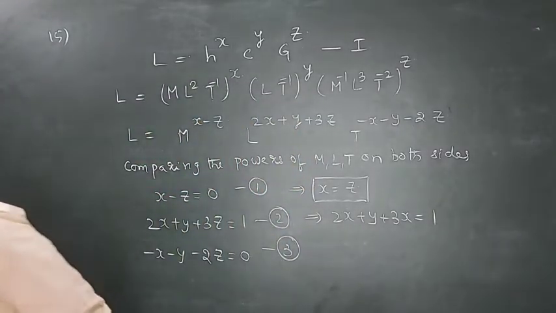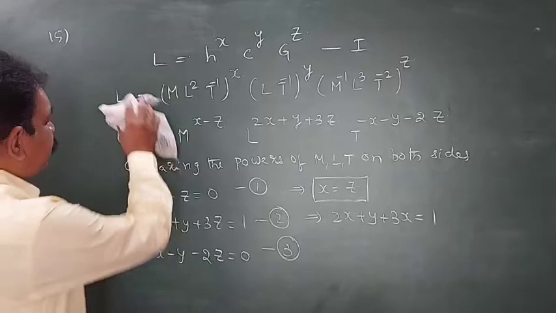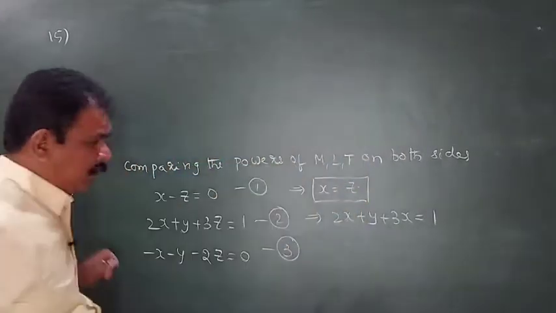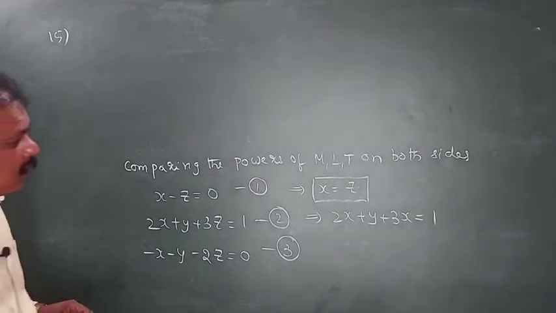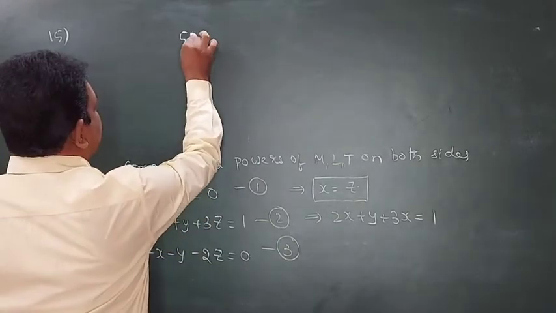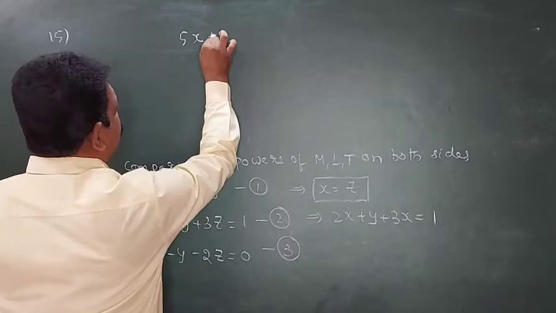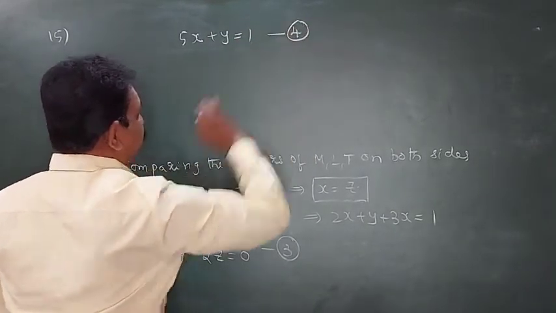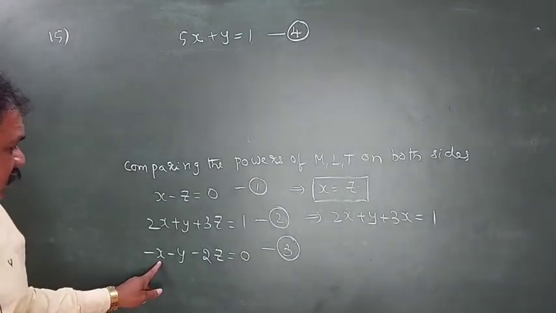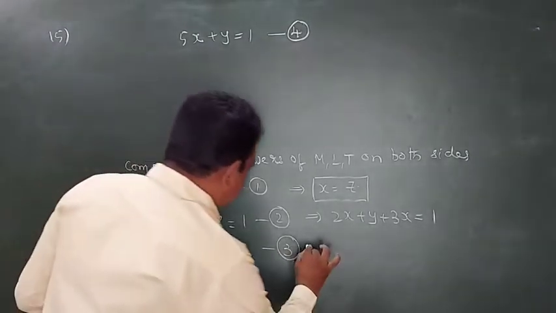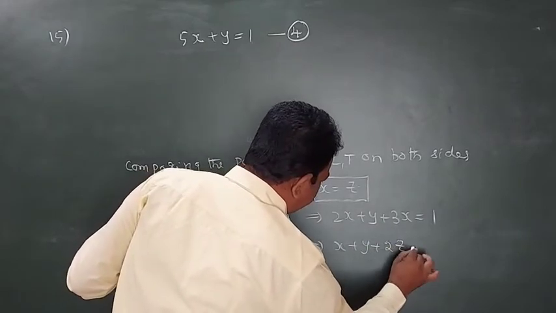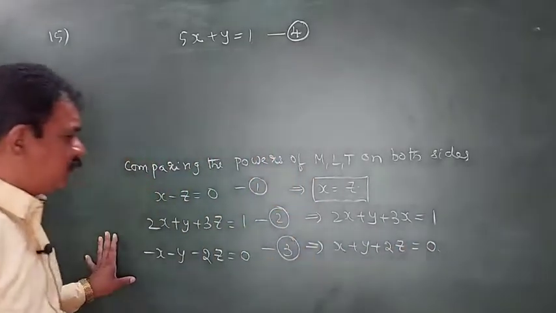So how much will we get? 5x plus y is equal to 1. Let it be equation 4. Here, this is nothing but x plus y plus 2z is equal to 0.